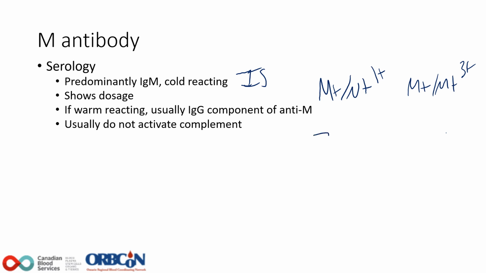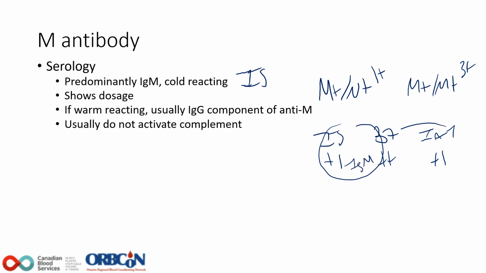So for those cases where you've got immediate spin, 37, IAT, and you see 1 plus reactivity and 1 plus reactivity, it's most commonly that this component is the IgM, this component is the IgG. So the anti-M can actually have multiple Ig isotypes depending on where it reacts.